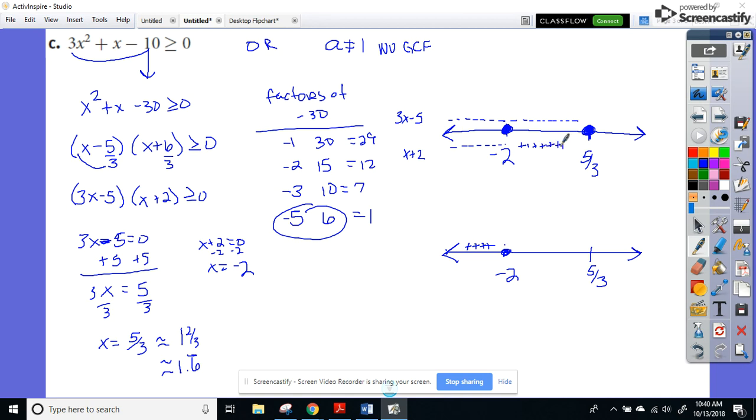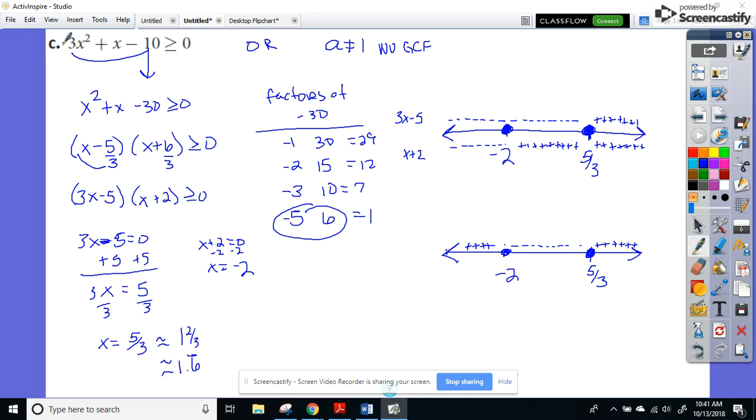So when you multiply a negative number times a positive number, you get a negative number. And over here, pick a number bigger than 1.6. Pick 2 or 5 or 10. It doesn't matter. 10 gives a 30 minus 5, so those are positive numbers. 10 and 2 makes 12. That's a positive number. And a positive times a positive is a positive.